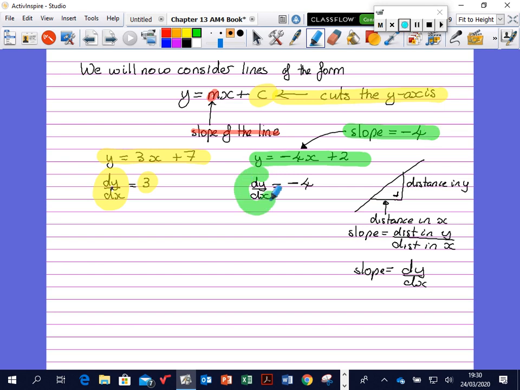So when we do the differential, i.e. we work out the slope of the line, we know that it's going to be equal to the number in front of the x.